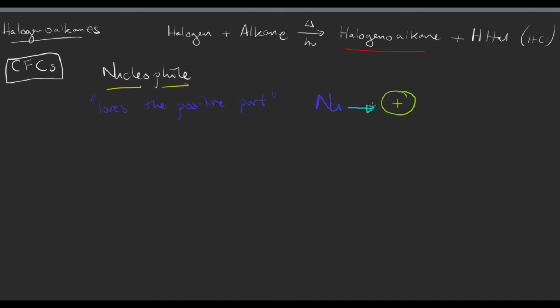Now, you probably know that that means that a nucleophile is going to be kind of a bit negative. And I don't mean it's a bit of a downer, I mean it tends to have more electrons than you would expect perhaps, or it's got a high density of electrons. Because electrons are negative, those are what's attracted to the positive site. So nucleophiles love the positive part, they're attracted to positive sites.